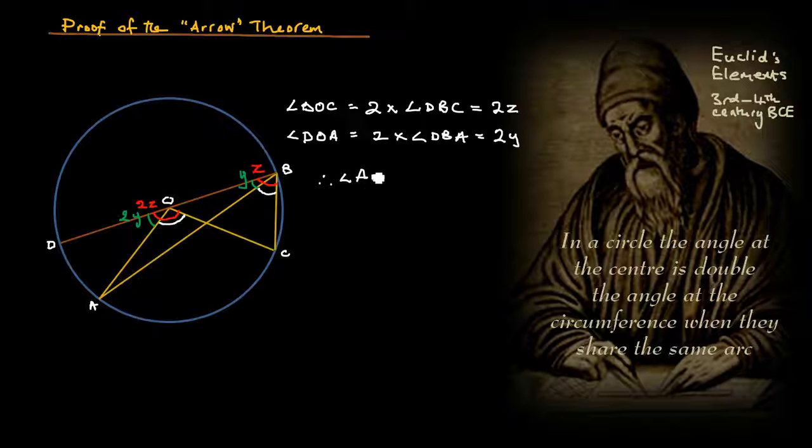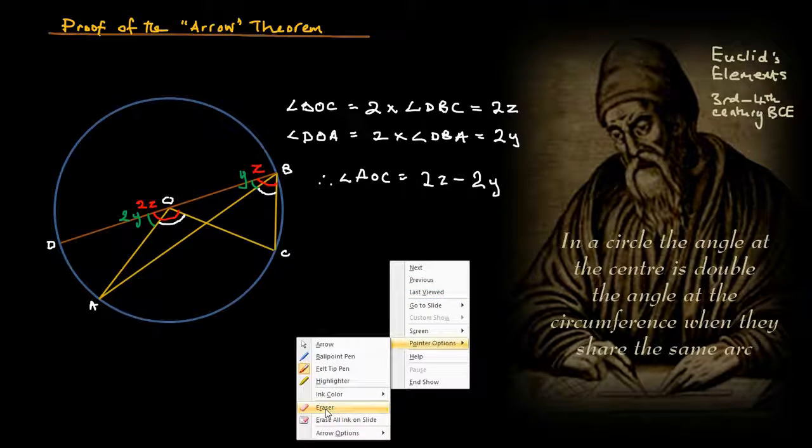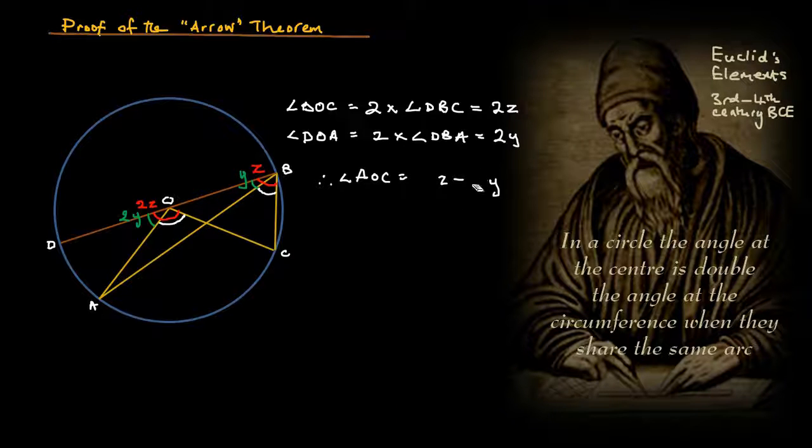Angle AOC, so let's put therefore, angle AOC has got to be, well, 2z minus 2y. Let's make that a little clearer.